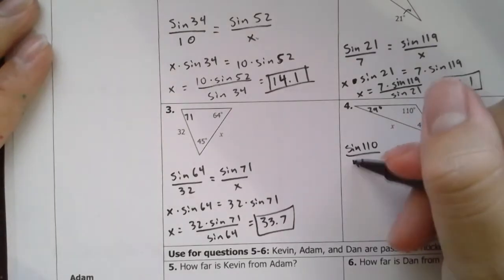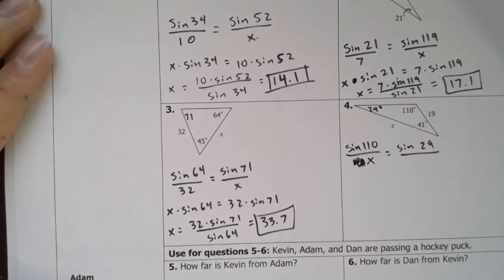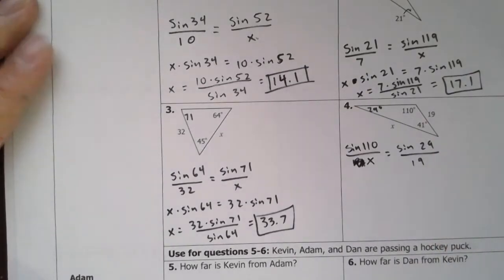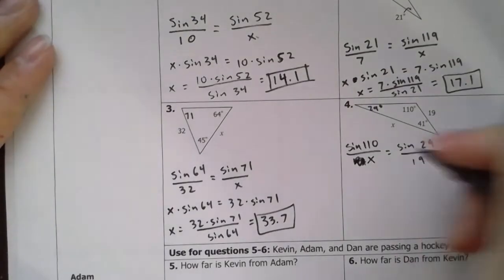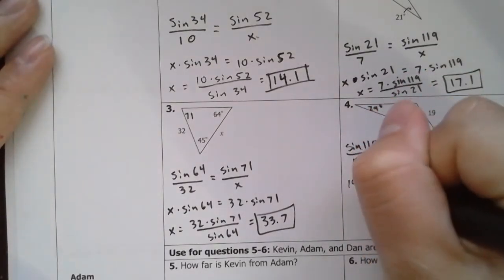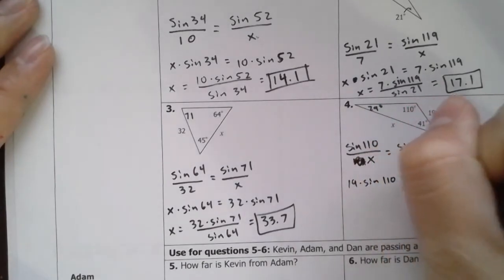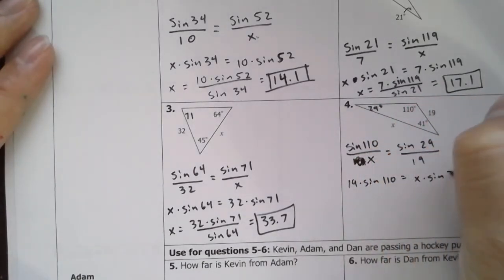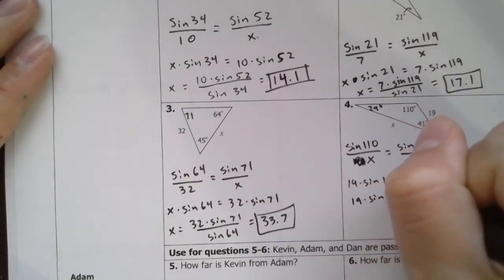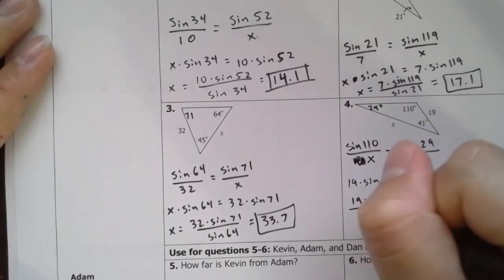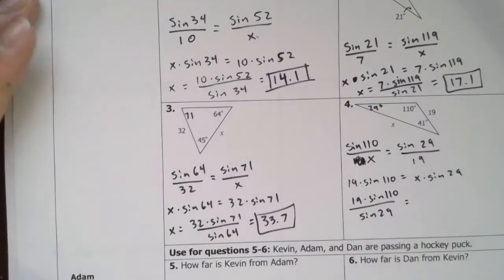110, yeah, this is not 110, this is x. Sine of 110 over x is equal to sine of 29 over 19. So then, same thing, right? You get 19 times sine of 110 equal to x times sine of 29, and I'm getting 19 times sine of 110 over sine of 29.